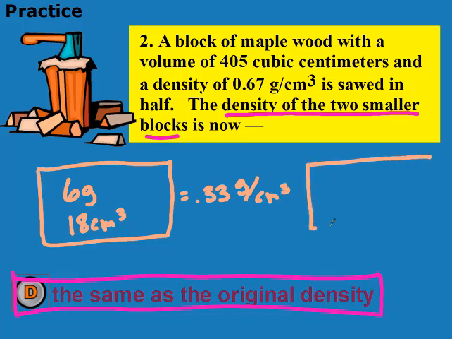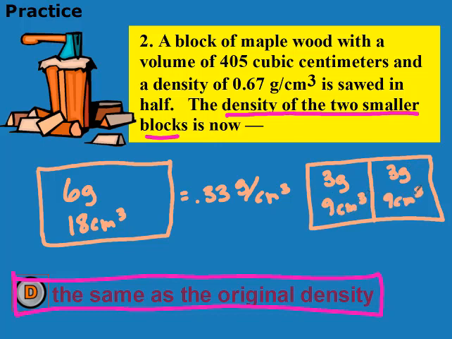So that same block, if I cut it in half, now each block is going to be 3 grams, and the volume of each would be 9 centimeters cubed. 3 divided by 9 is still going to give me 0.33 grams per centimeter cubed for each of those. So when you cut the mass in half, you also cut the volume in half, so that ratio is always going to be the same. That's why the density did not change.